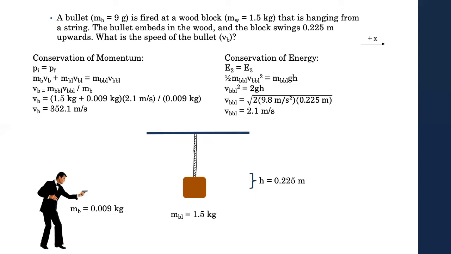However, once the bullet has struck the wood and is embedded in it, conservation of energy still applies, because now it's the two things moving at a certain speed, and that speed is translated into gravitational potential energy. So there's no loss in energy there, it's just a conversion. But initially, because we described it as an inelastic collision, you cannot use conservation of energy principles to describe the energy as the bullet is fired and as the bullet and block swing together. Does that make sense?